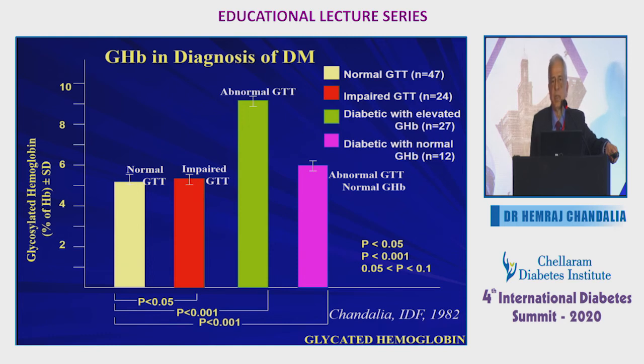As soon as it becomes more automated and faster and less expensive, you will not be doing blood glucoses when you do epidemiological studies. You'll be doing A1C, which is what will happen in the next 5 years or so. And this was described by us much before any author and presented in one of the meetings, 1982, in the international meeting. And we showed that A1C can diagnose diabetes to a great extent.